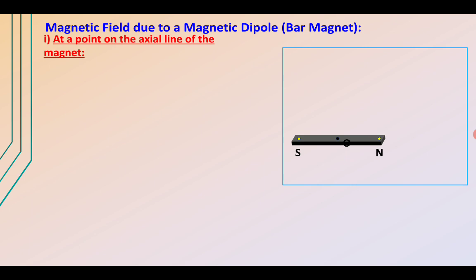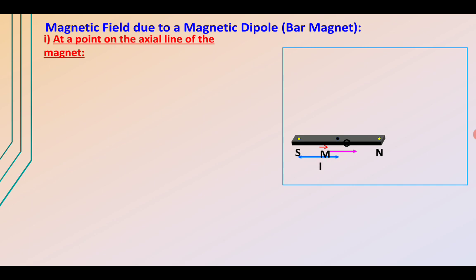These two dotted points represent the poles of the given bar magnet, the north pole and the south pole, and here m represents the magnetic dipole moment of this bar magnet.